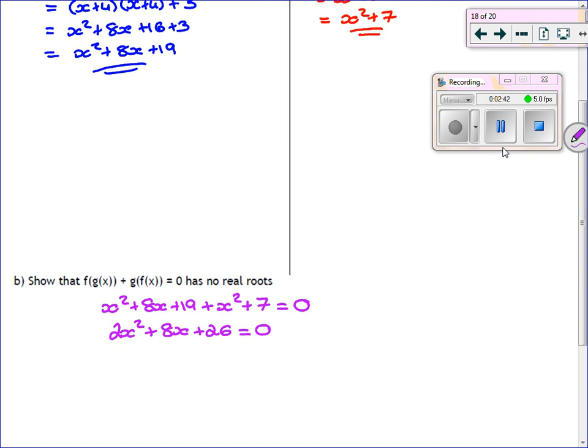So what I want to do here now is show that this has got no real roots. Think back to National 5 quadratics. When do no real roots occur? Well, we have no real roots when b squared minus 4ac is less than 0.